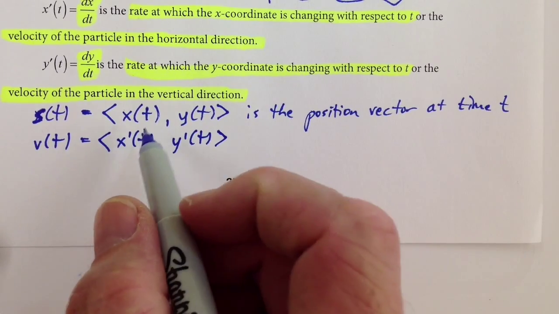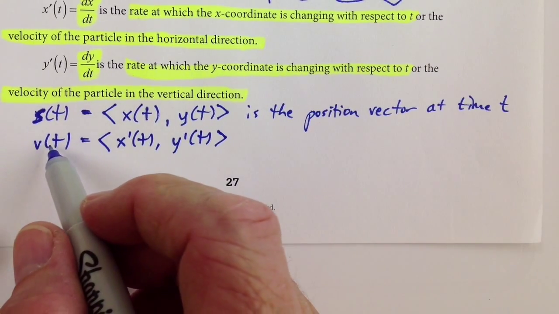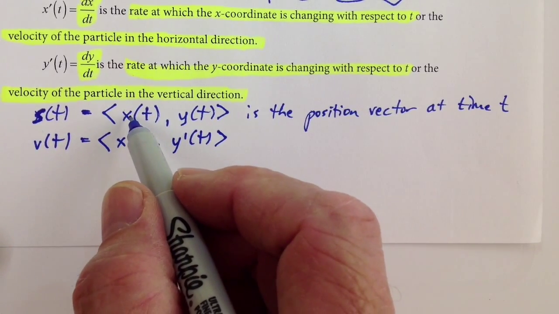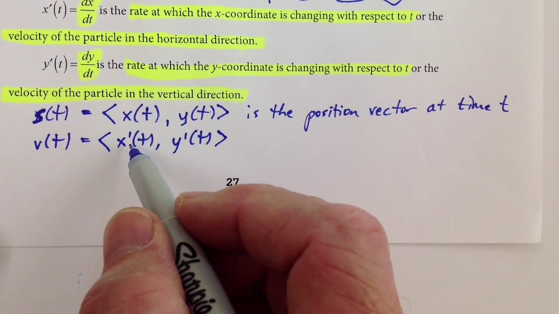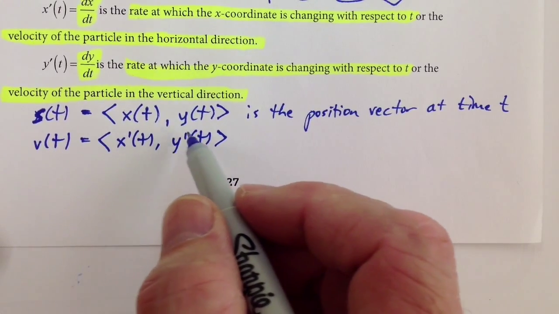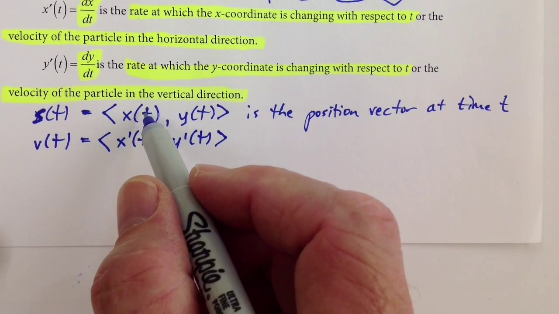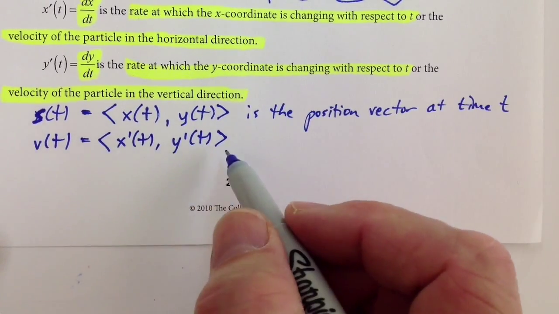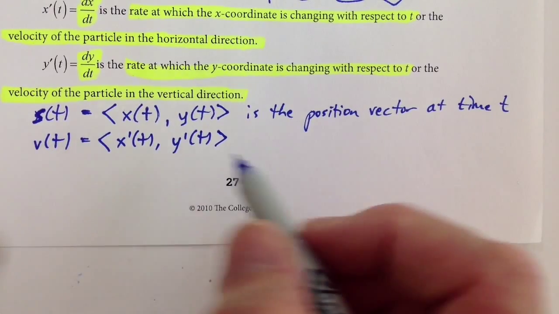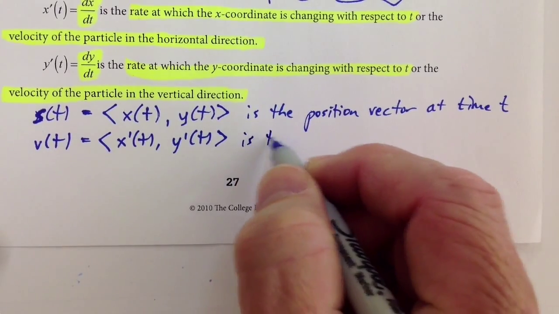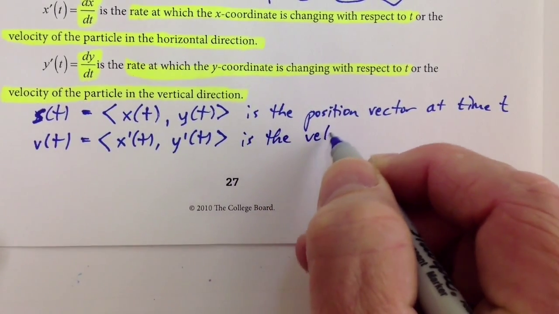If you want to find the velocity at time t as a vector, you would differentiate x with respect to t, comma, differentiate y with respect to t. So you differentiate the respective components to get the velocity vector once you know the position vector. This is called the velocity vector at time t.